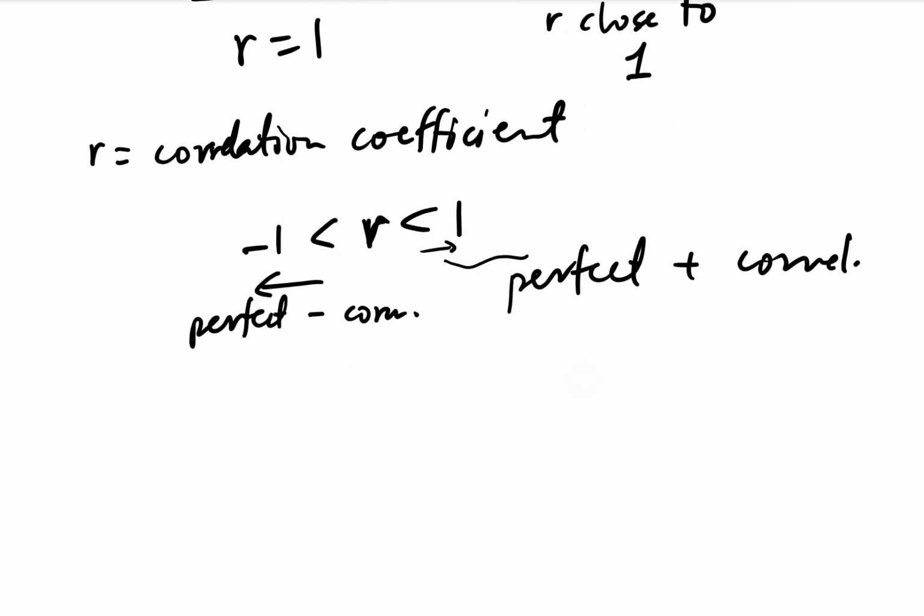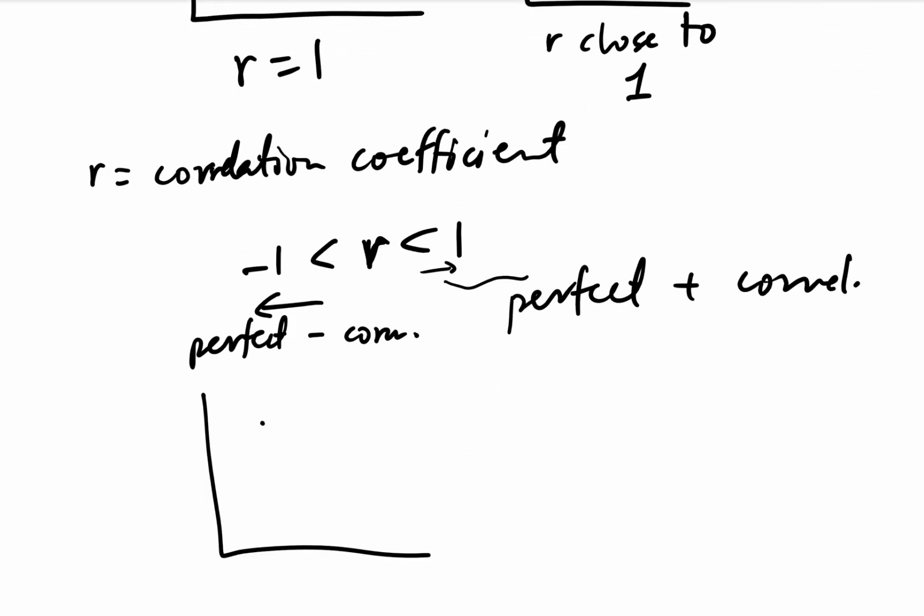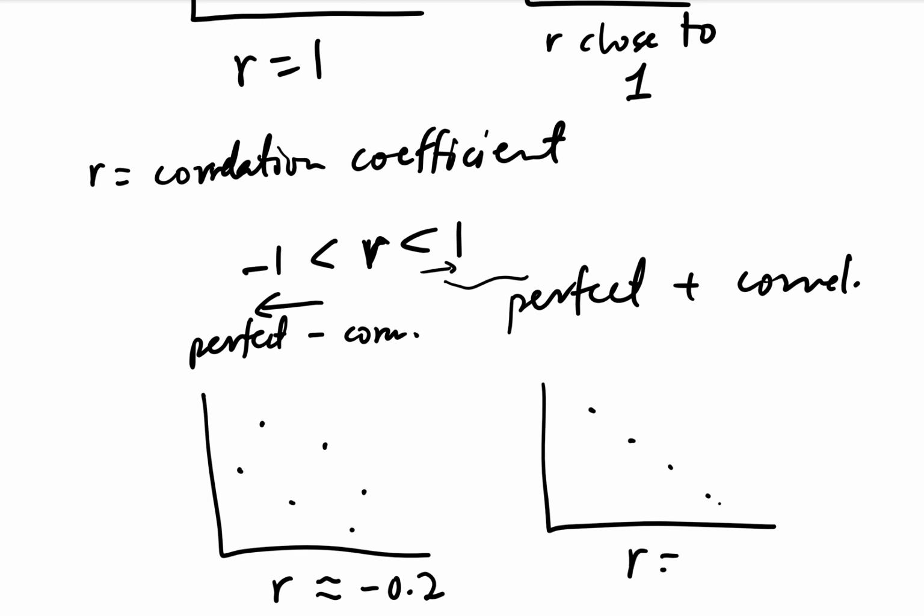So if you have something like this, I would estimate this to be about -0.2 or something, and this one is R equals -1.